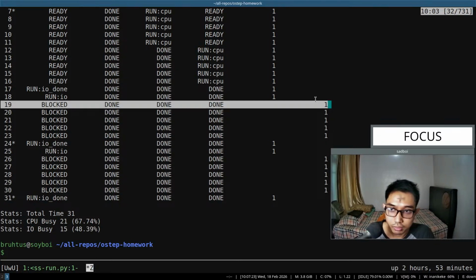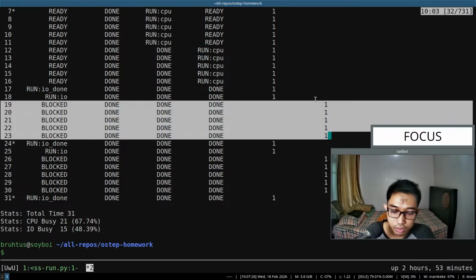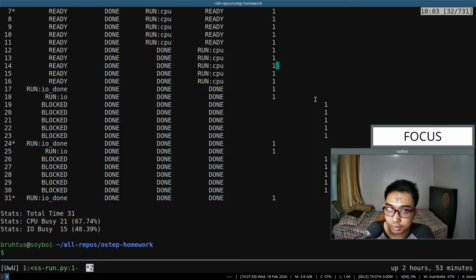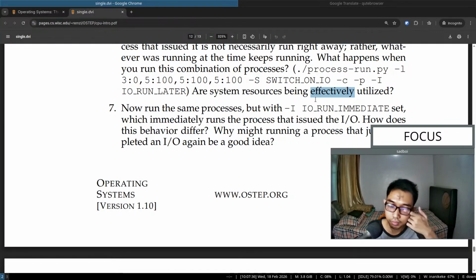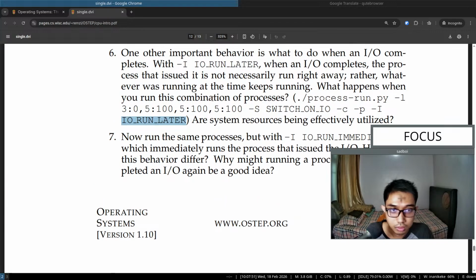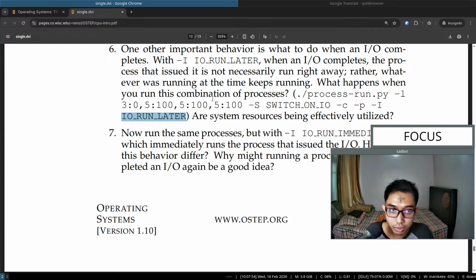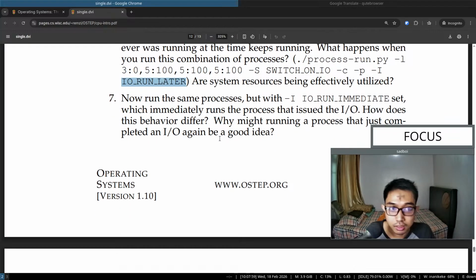While waiting for the input-output to finish, we can run another process. Okay. Are system resources being effectively utilized? I don't think so, because it is blocking on the input-output process, which can take quite a while. That is my hypothesis, at least.